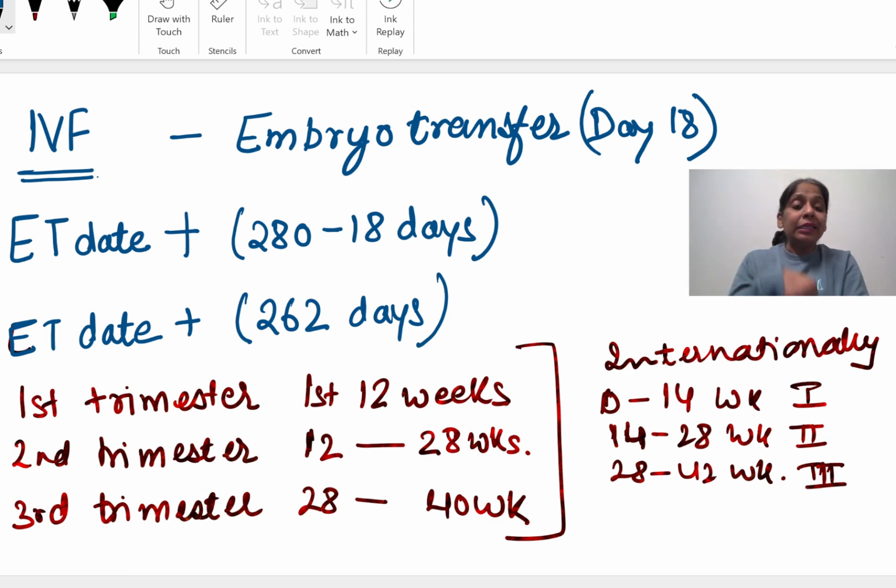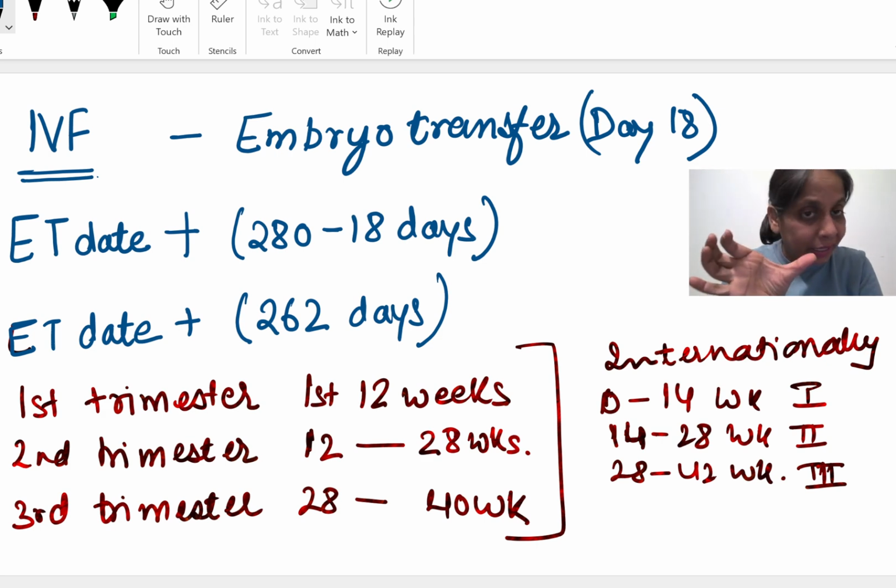We know that pregnancy is of 280 days if the periods are regular and it is a 28-day cycle. In the IVF cases, we don't know whether the period is regular or not, but we know that on the 18th day of the cycle we transfer the embryo.